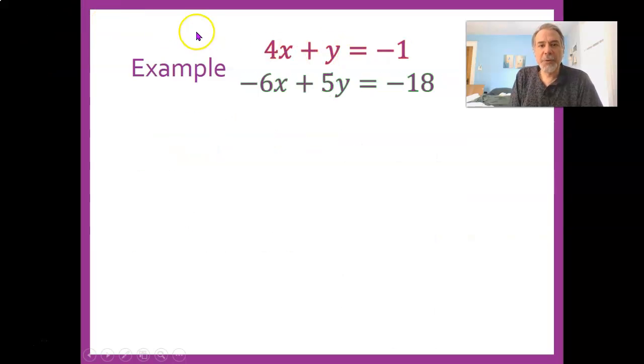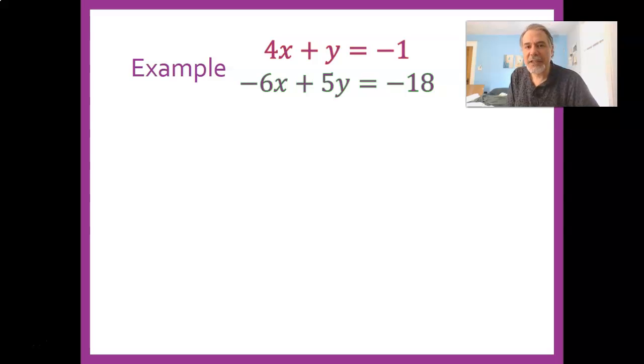Okay, one more example. Here the two equations that make up my system are 4x plus y equals negative 1 and negative 6x plus 5y equals negative 18. So I want to start by solving one or the other of these equations for one or the other of the variables, whichever's easiest. I know what I think is easiest.